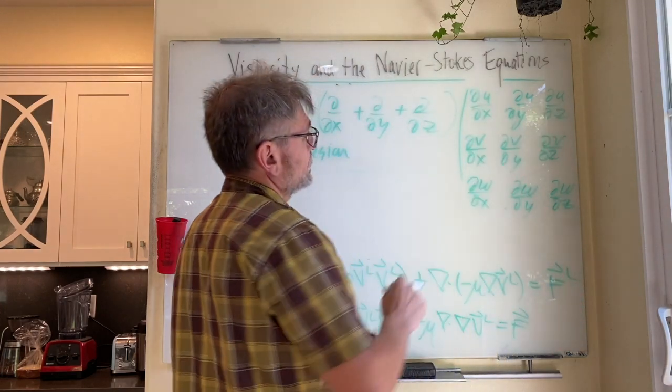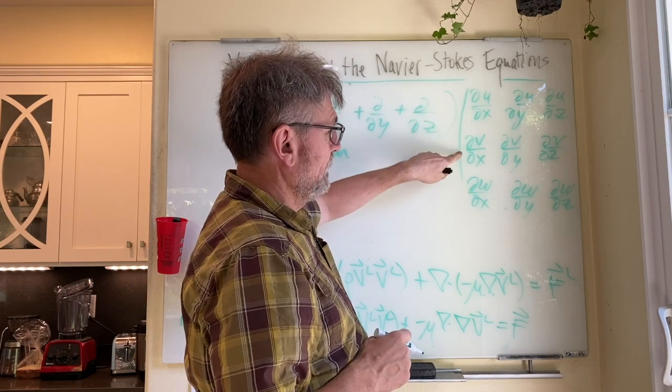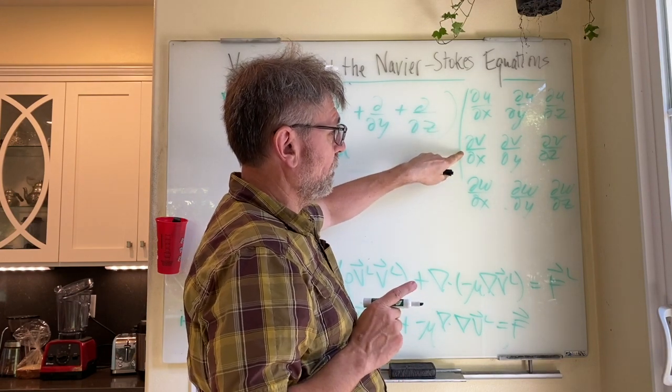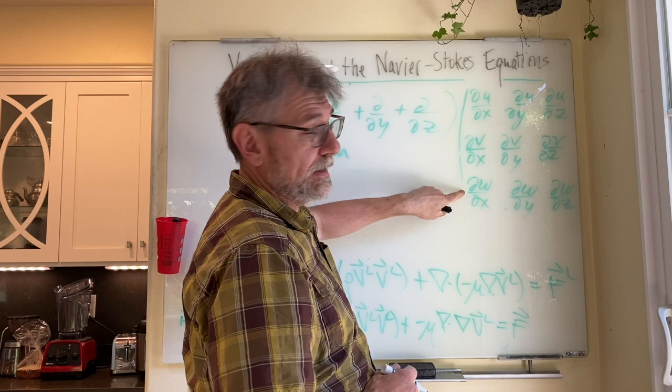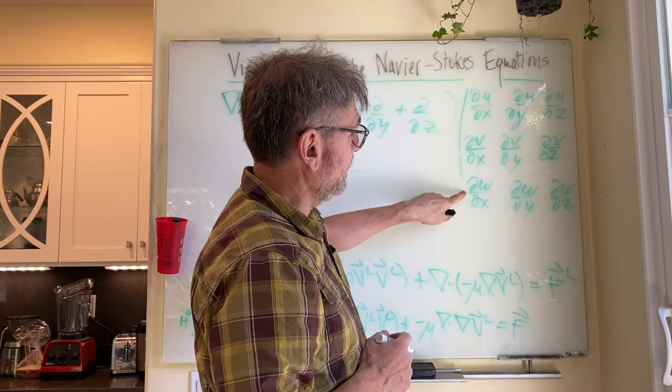So the first row is the gradient of the x component of the momentum. The second row is the gradient of the y component, and the third row is the gradient of the z component.